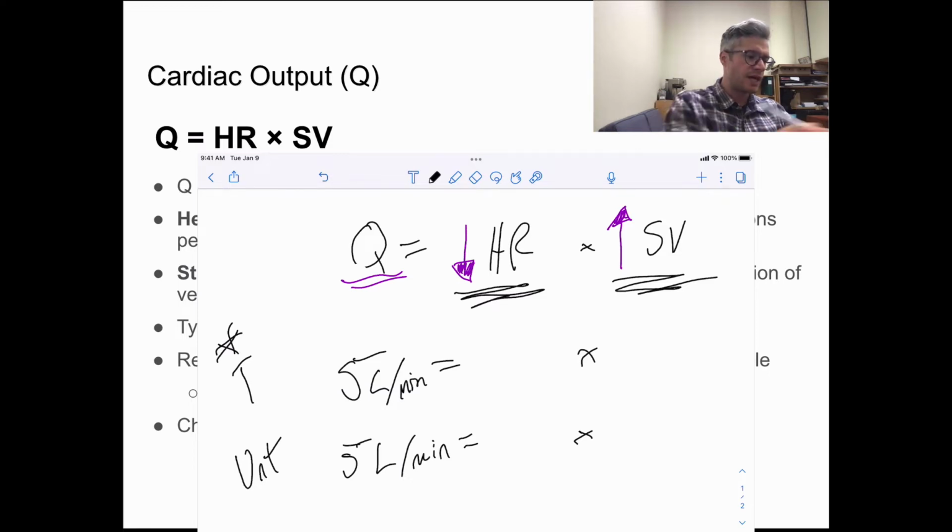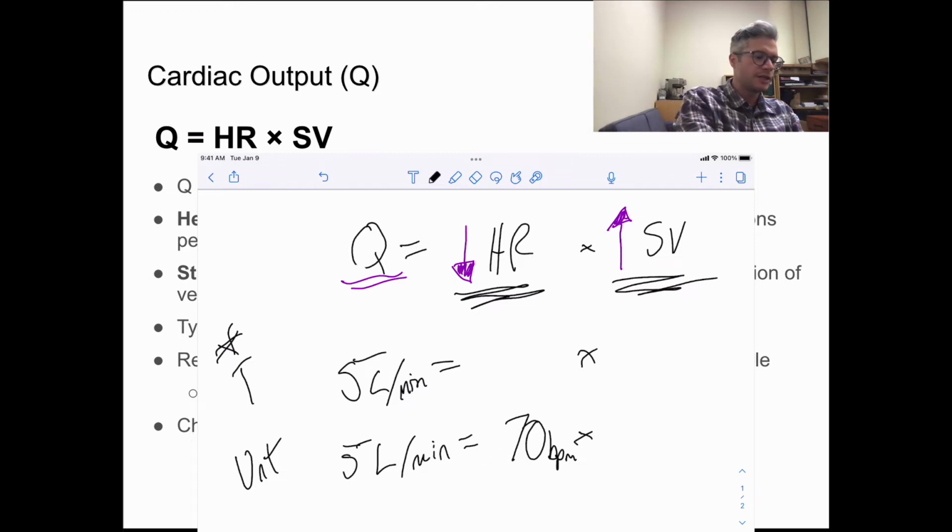So that would be quite typical. But normally as you get older and there's a higher chance of chronic cardiovascular disease, you're going to see your heart rate average go up. So let's say resting heart rate is 70 beats per minute for our untrained population. In our trained population, regardless of age, it tends to be a lot lower. So let's say 50.